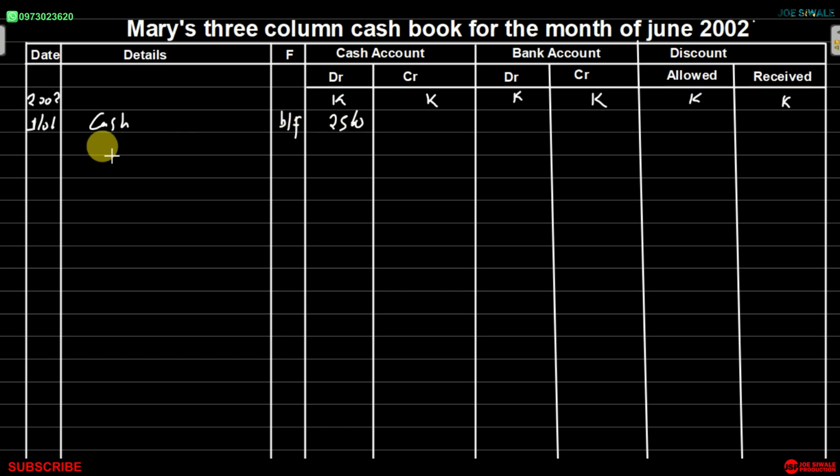Then bank is also showing a debit balance. So this is balance brought forward. So we're going to record it on the debit side of the bank account, and the amount is 1,567.